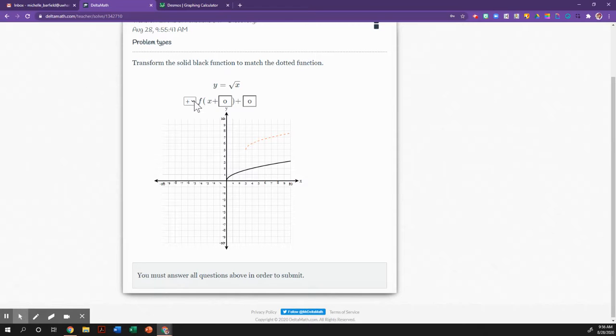If I change it to negative, what happens? Well, that flips it over. I don't want that because I want the dotted line and the black to match up. So positive.